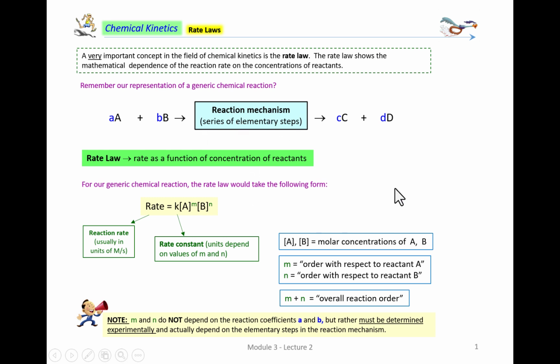So again, the rate law is rate as a function of concentration, where these exponents are not the coefficients of the balanced equation. They could be coincidentally, but they're not derived from those coefficients. We have to determine these experimentally.